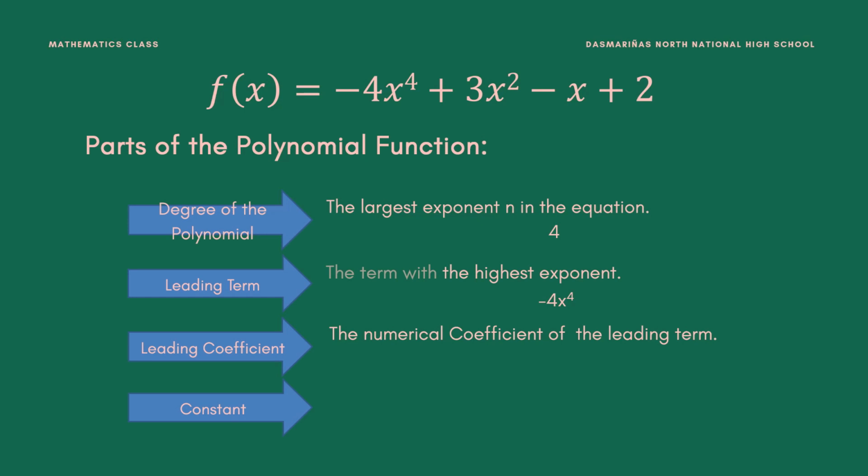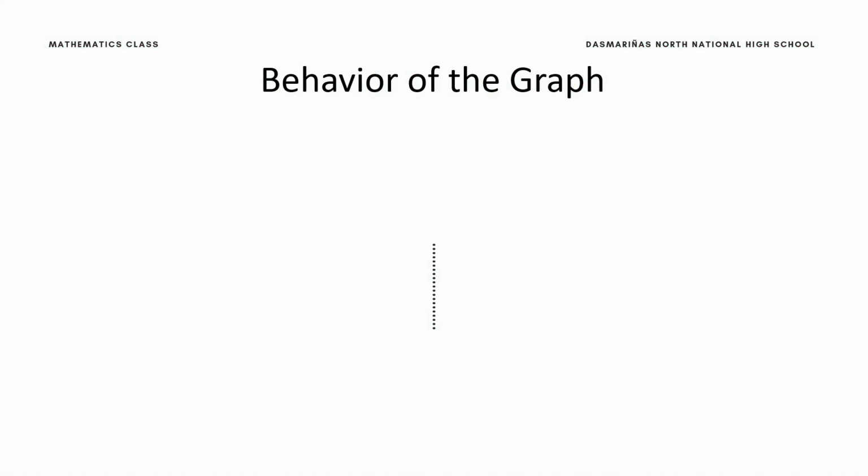Since the leading term is negative 4x raised to 4, the leading coefficient is negative 4. And lastly, constant, the term which does not have a variable, and that is 2. Now, let's proceed to the graph of polynomial function.